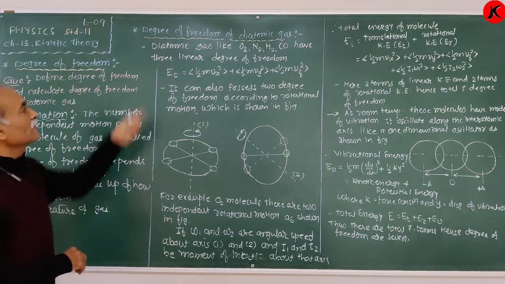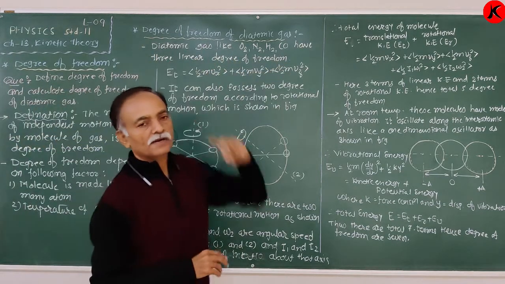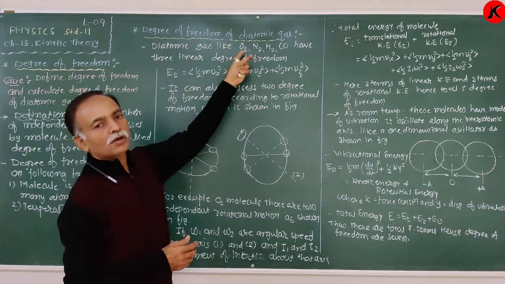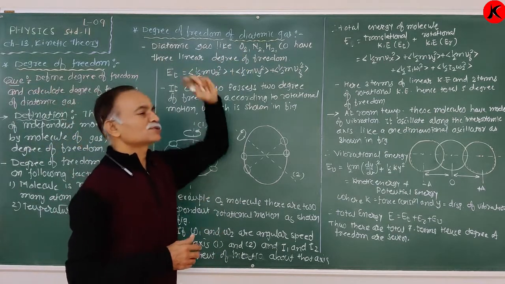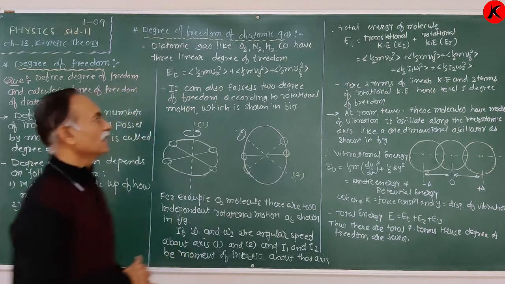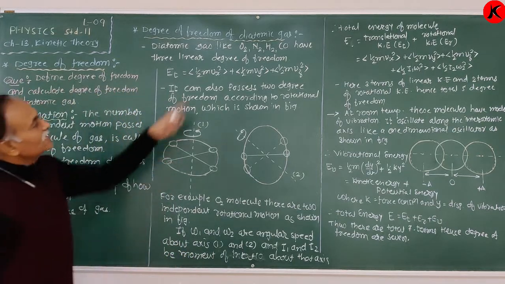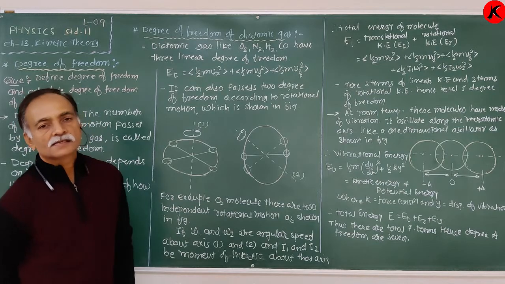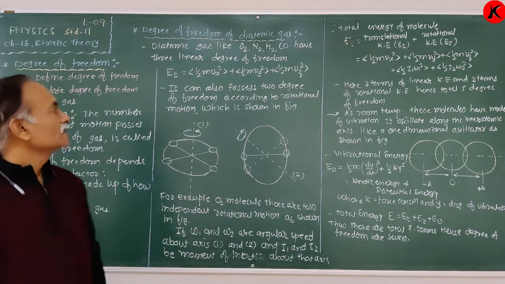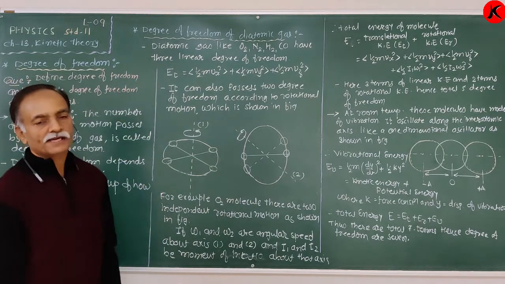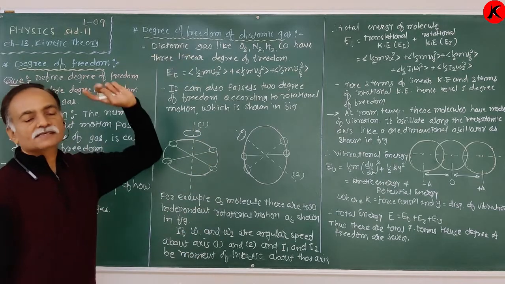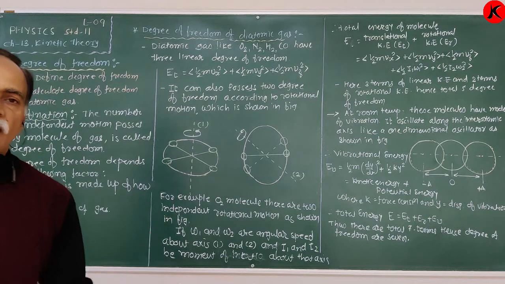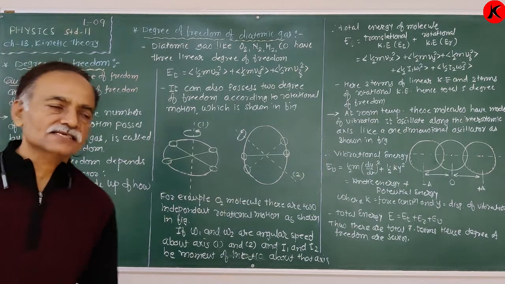The diatomic gas like O2, N2, H2, CO, etc. has three linear degrees of freedom corresponding to its linear motion along the x direction, y direction and z direction.